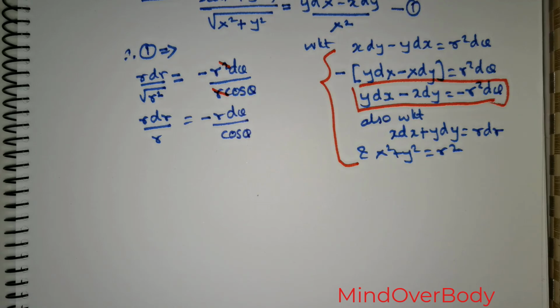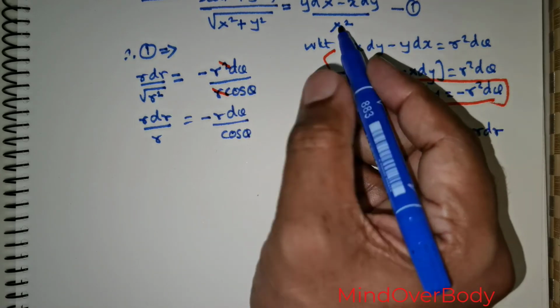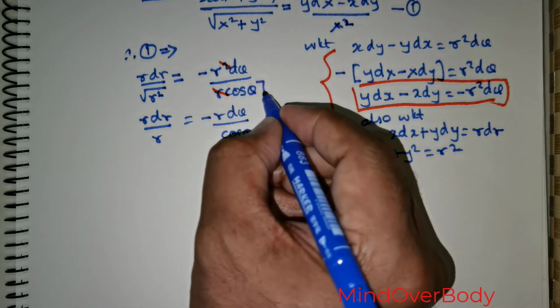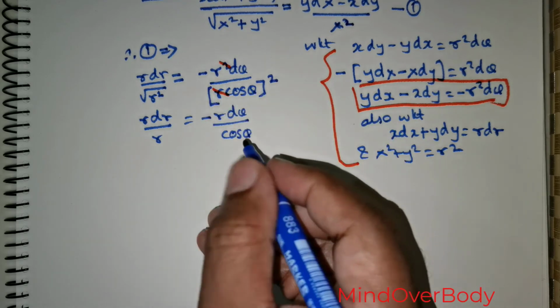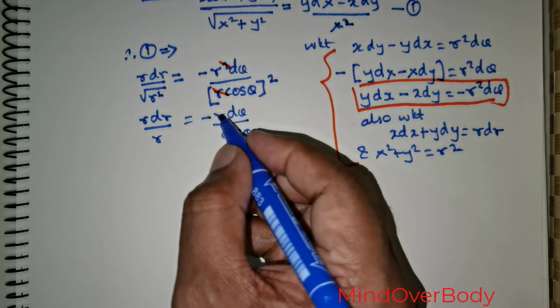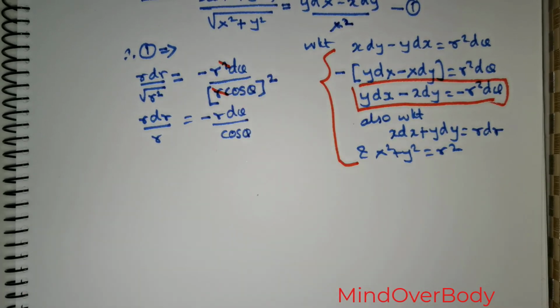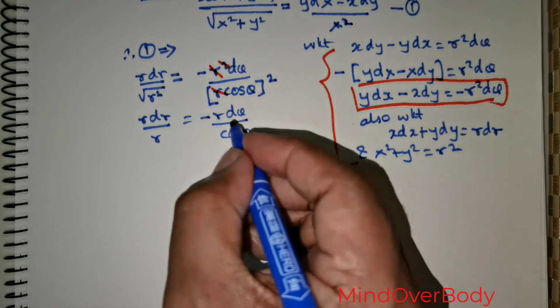Now I can cancel an r and an r there, giving me negative r times d theta divided by cos theta. Now an observation, this is actually x squared, right? So that would mean I have a 2 here. So this one would get cancelled off because of the fact that there is 2 there, which I am noticing now.